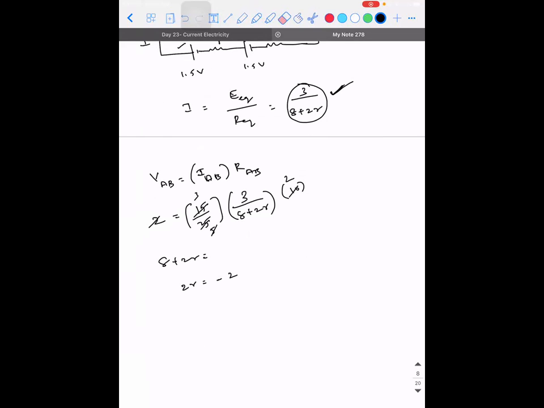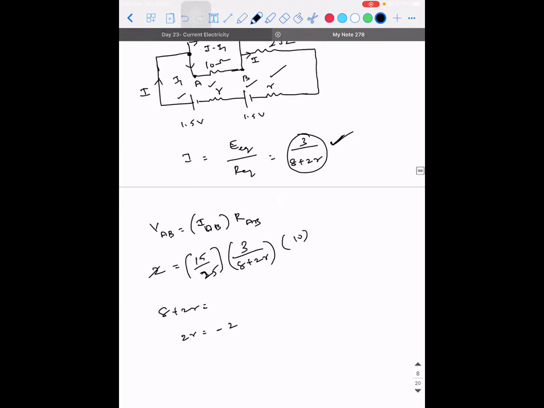What answer are you getting? 9. What mistake am I doing? 15 by 25 into 10, 3 times 5 times. 8 plus 2R is equal to 9.